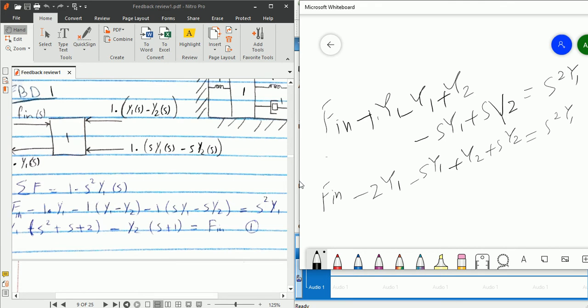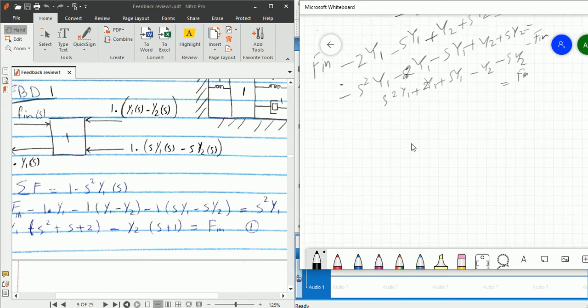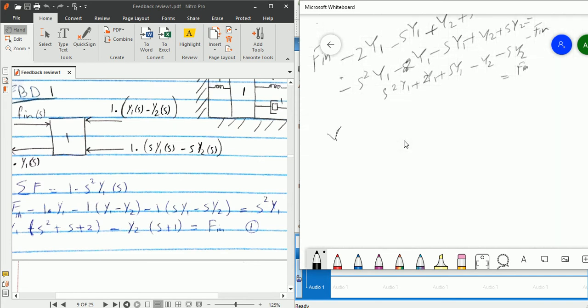Okay, you can also take this y1 here, so it will become minus s square y1 minus 2 y1 minus s y1 plus y2 plus s y2 is equal to minus f_in, or you multiply it with minus, you will get s square y1 plus 2 y1 plus s y1 minus y2 minus s y2 equal to f_in. Okay, now take y1 common, it will be s square plus s plus 2, or s square plus 2, same thing.